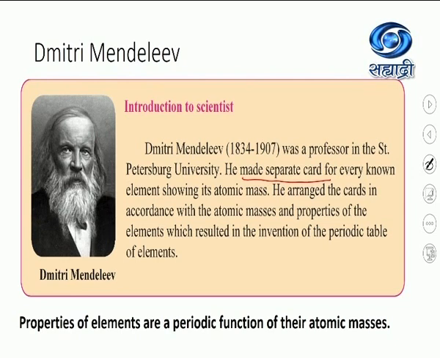He arranged the cards in accordance with the atomic masses and properties of elements, which resulted in the invention of the periodic table of elements. So what is Mendeleev's law? The properties of elements are a periodic function of their atomic masses. So again, he tried to focus on atomic mass.